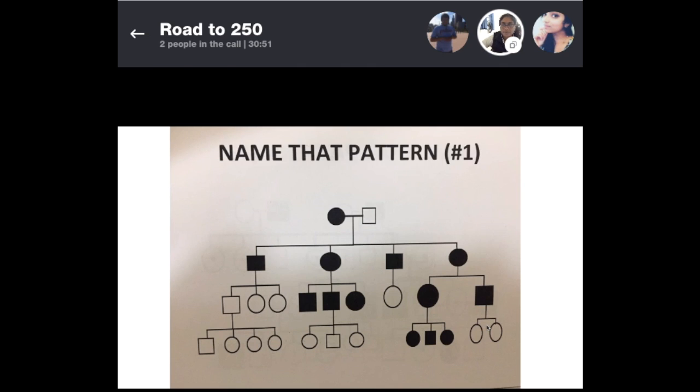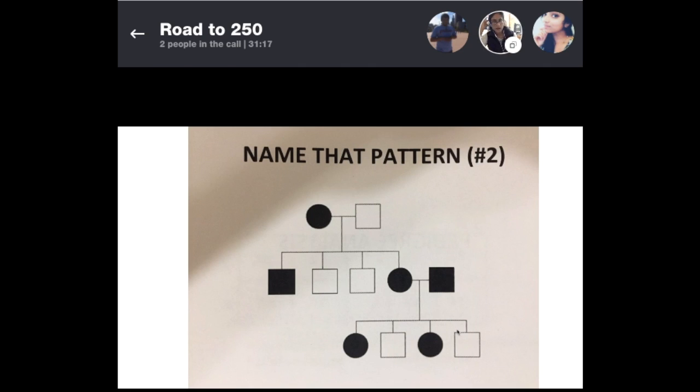Looks like a mitochondrial inheritance because the mothers are passing it on. Yep, exactly. That's one thing you're going to have to watch out for, because obviously the algorithm doesn't clarify the mitochondrial. But yep, the mom is passing on to all children in each generation. So this one's mitochondrial.